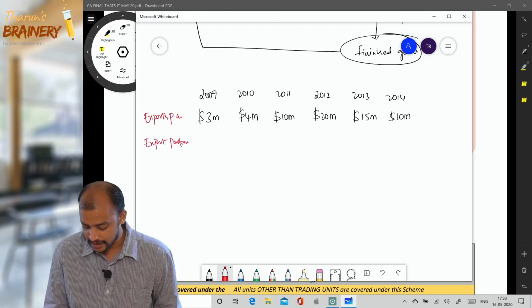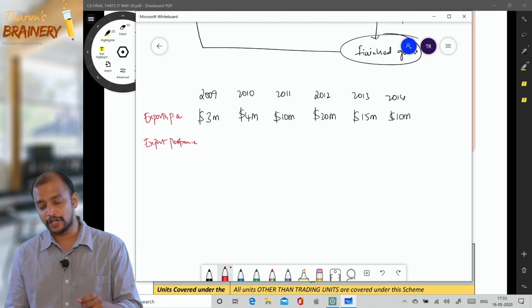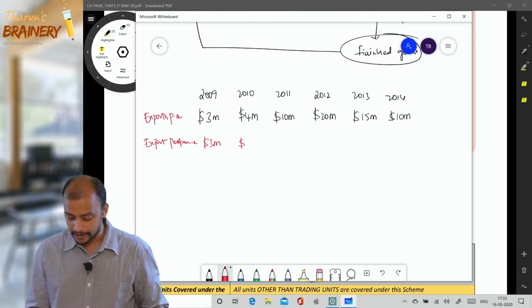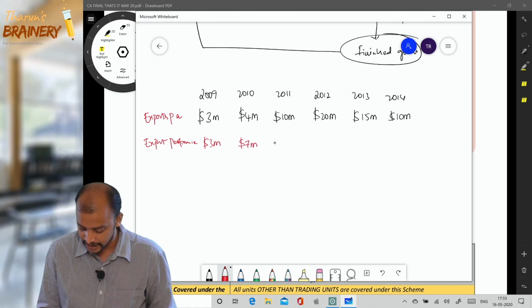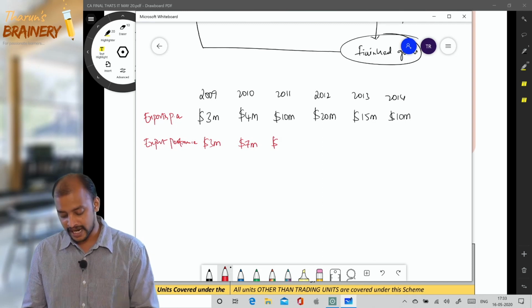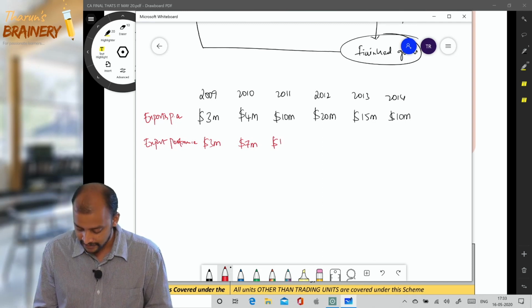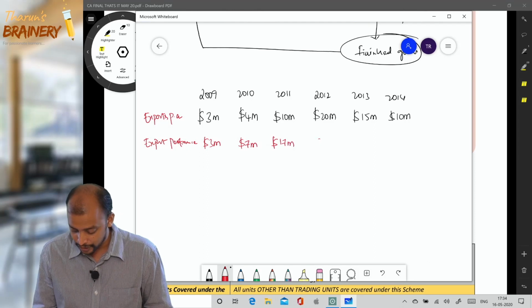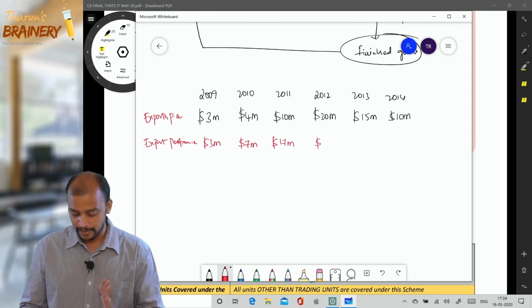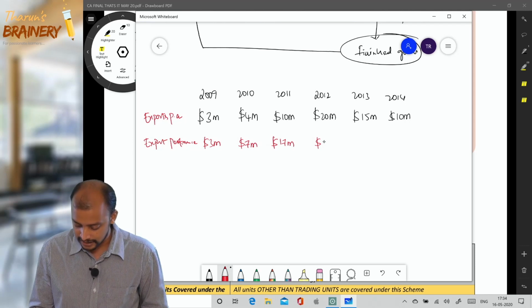How to calculate export performance? Current year and previous 3 years. So take $3 million, and here you take 3 plus 4, that is $7 million, and here you take current plus preceding 3, so 10, 4, 3, that is $17 million. For 2012, current plus previous 3, so 20 plus 10 plus 4 plus 3, that is $37 million.